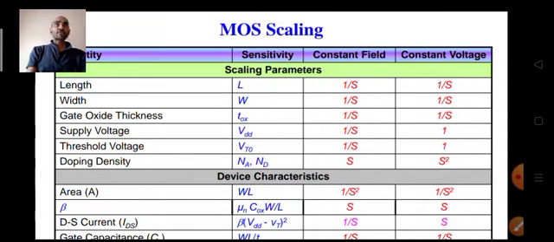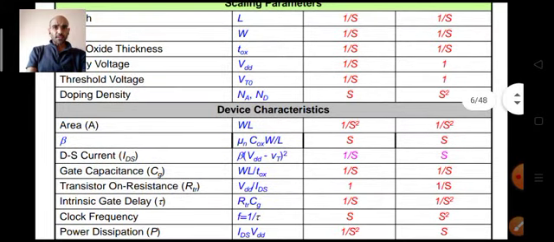If the threshold voltage is also constant, then looking at the threshold voltage formula, length, width and gate oxide thickness need to be reduced by the scaling factor. The doping density is a little difficult to understand, so I will discuss that in the next slide.